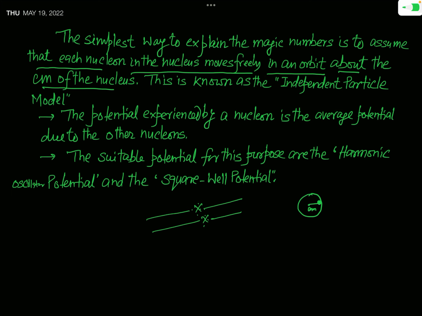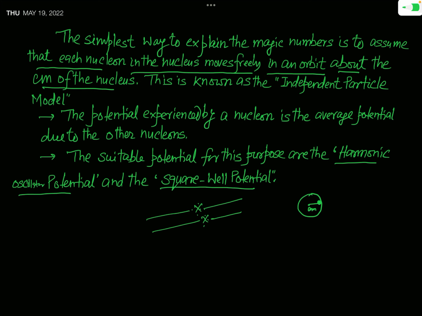And in this regard, there are two important guesses to deal with such a potential. The first one is called the harmonic oscillator potential, and the second is the square well potential. One thing you must remember, these are not the actual potential. We just guess that our nucleon is moving in a harmonic oscillator potential, or we just guess that our nucleon is moving in a square well potential.